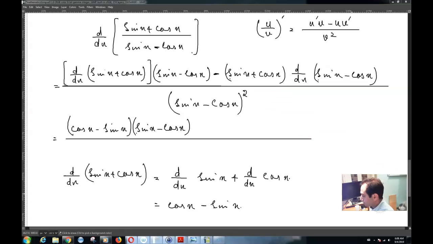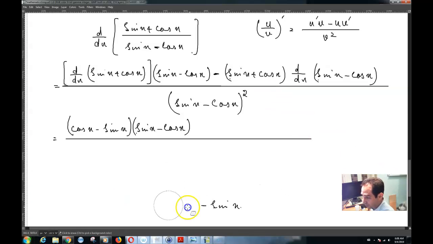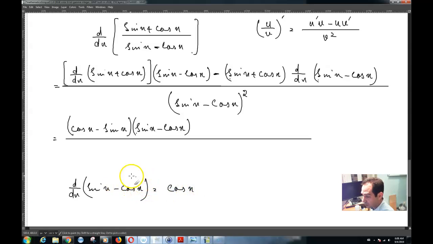And then you have d by dx of sin x minus cos x. d by dx of sin x minus cos x is equal to cos x. d by dx of cos x is equal to negative sin x. Negative into negative is positive, so plus sin x.